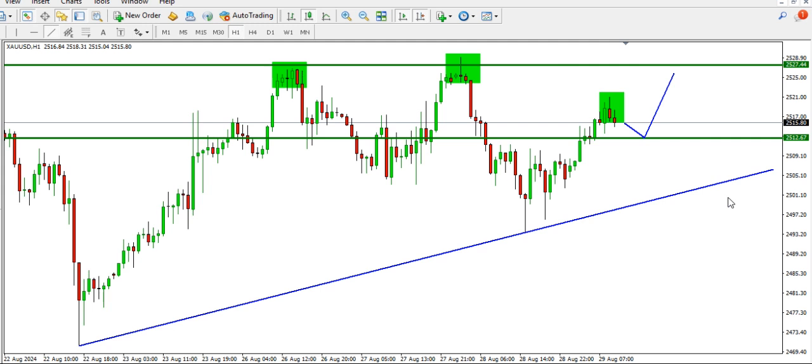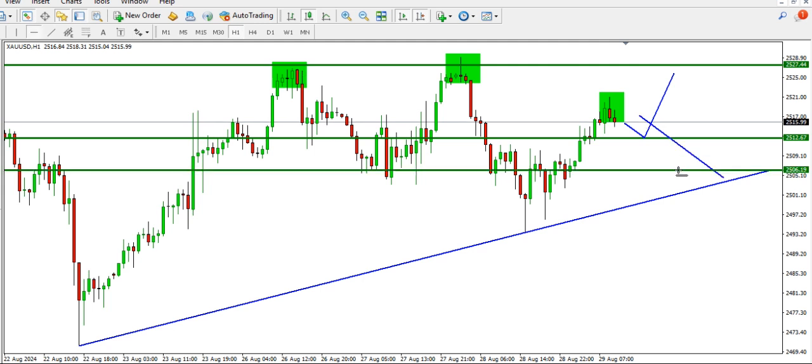So if price is going to drop, I expect price to either drop to 2512 or drop to around 2506 or 07, where we have this particular order block. If this order block fails, price might get to this other block to find buyers.